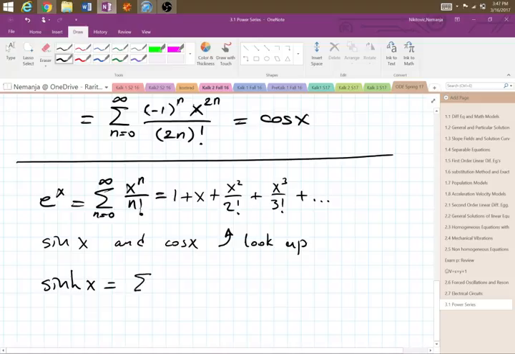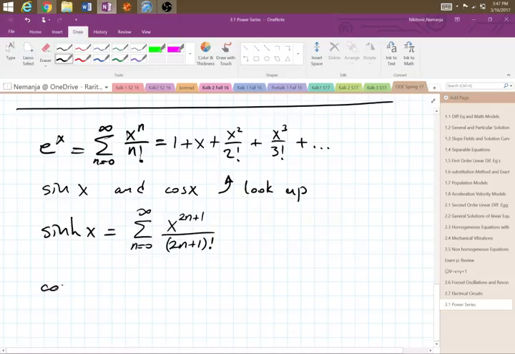So we are talking about the summation, n starts at 0, goes to infinity, of x to the 2n plus 1 divided by 2n plus 1 factorial. We are just tossing out the negative 1 part. And for the cosine hyperbolic, we do the same. The only thing that it's going to be missing there is the negative 1 alternating piece. The rest remains the same.